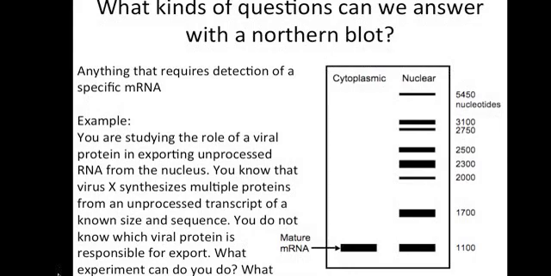So you're studying the role of a viral protein in exporting unprocessed RNA from the nucleus. This requires you to understand that some viruses make transcripts that have multiple coding regions, and they'll export the whole thing from the nucleus.